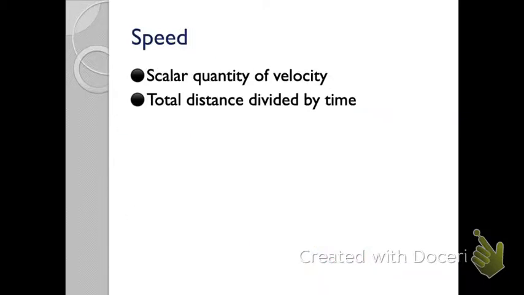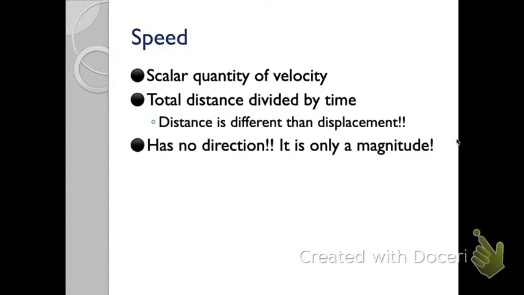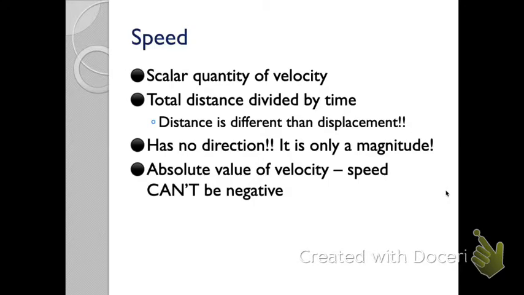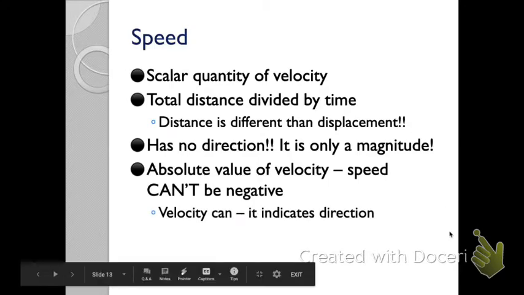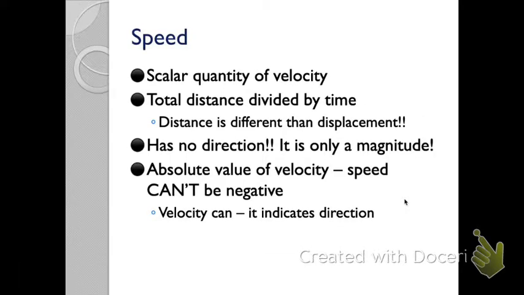So speed has the same technical equation as velocity, except you use distance, not displacement. That's the only difference. It's distance divided by time rather than displacement divided by time. Okay? So here's just a couple things with speed.